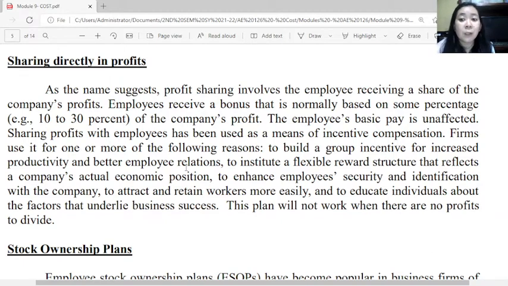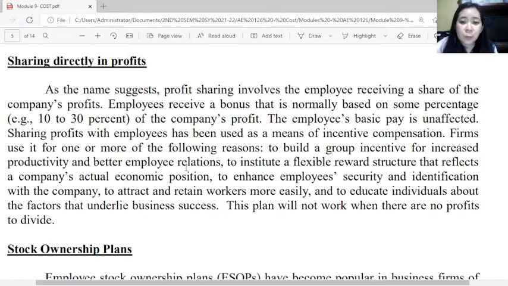First, to build a group incentive for increased productivity and better employee relations, and to institute a flexible reward structure that reflects the company's actual economic position, to enhance employee security and identification with the company. So it boosts the morale of the employees because, as mentioned earlier, aside from the salary, they are also sharing from the profits just like the owners do.